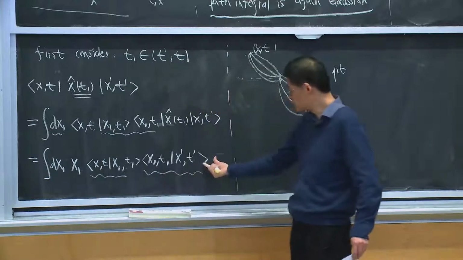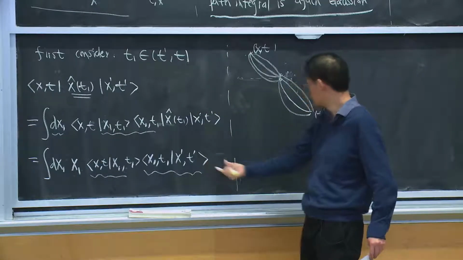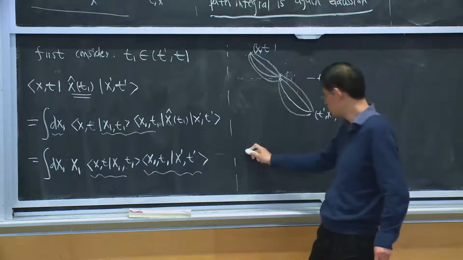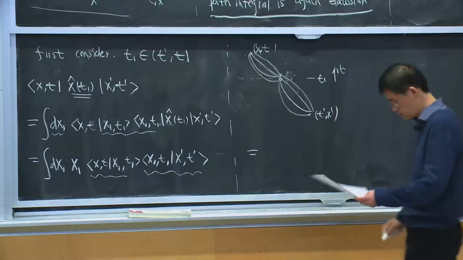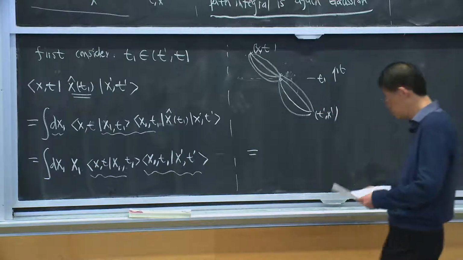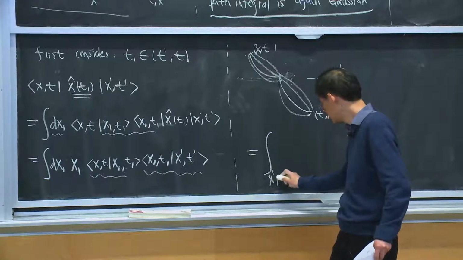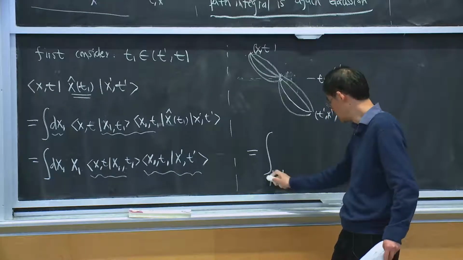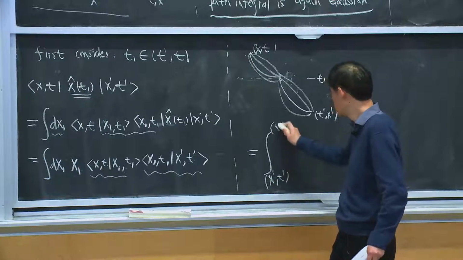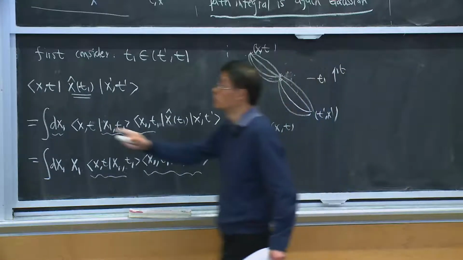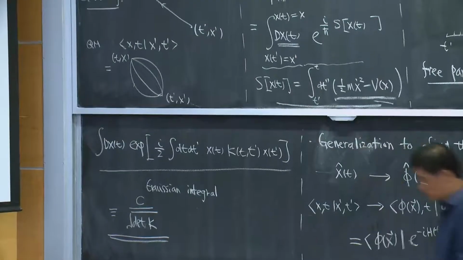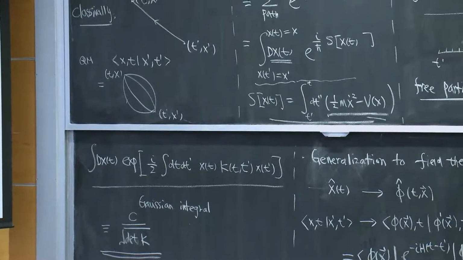And now we can immediately write down, using the path integral, what this object is. I will use a simplified notation: write x prime t prime and xt to be those limits, and then again we integrate over all possible paths between them.